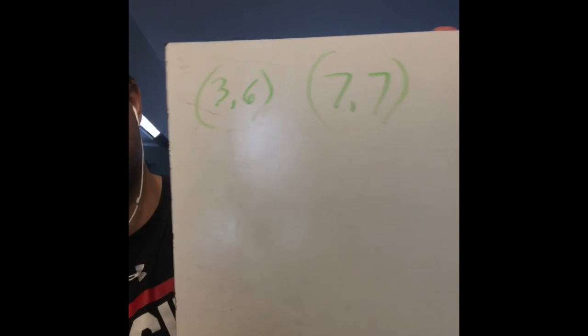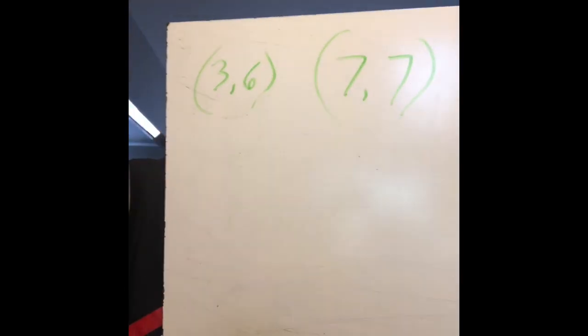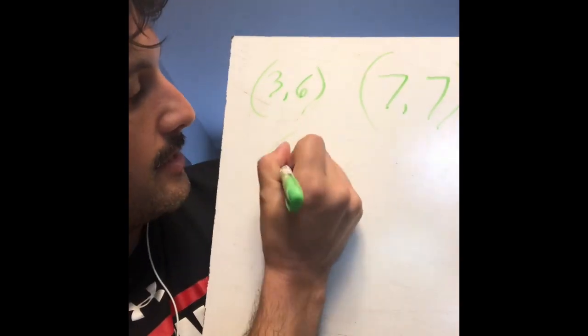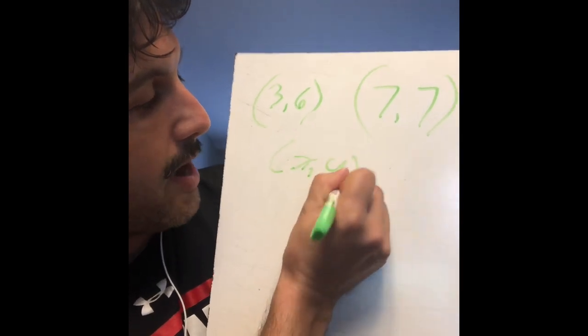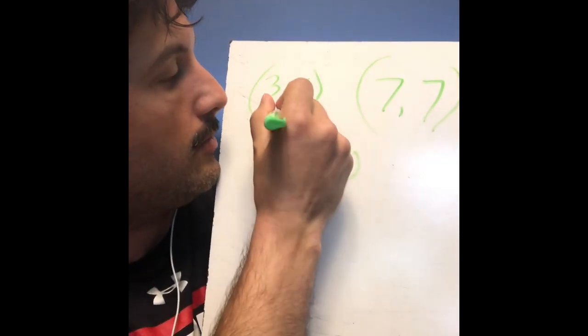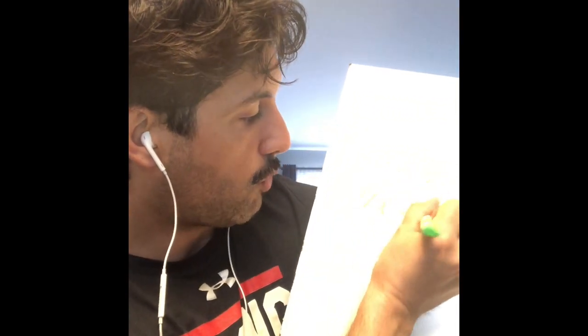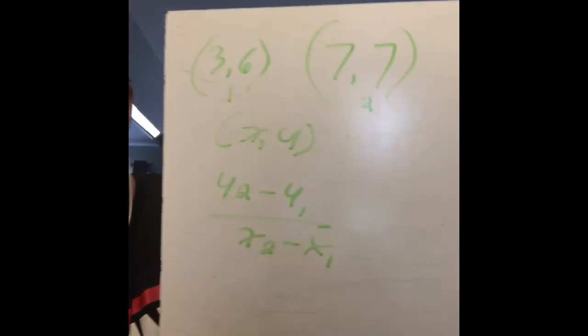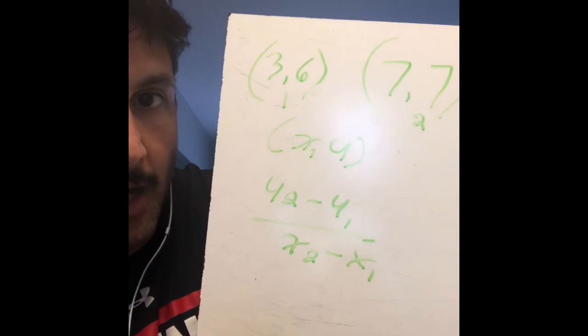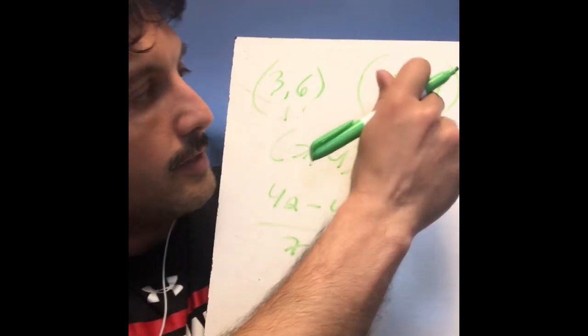Okay, so the very first question for determining the slope of a line passing through the following points, we've got points at 3, 6 and 7, 7. Remember, it is x, y, and we're going to call this point 1 and point 2, although it does not matter. The preferred equation is y2 minus y1 over x2 minus x1. Now y2 is over here.